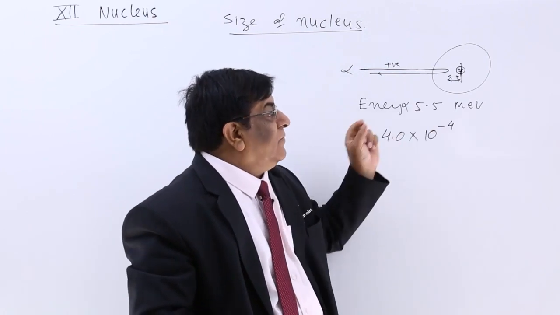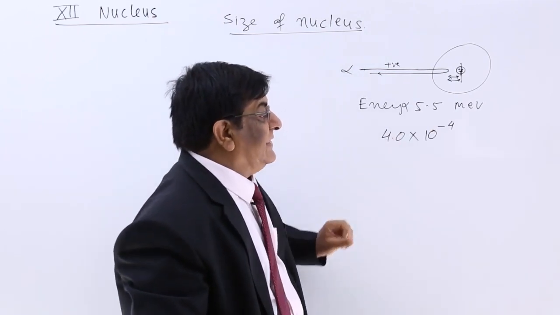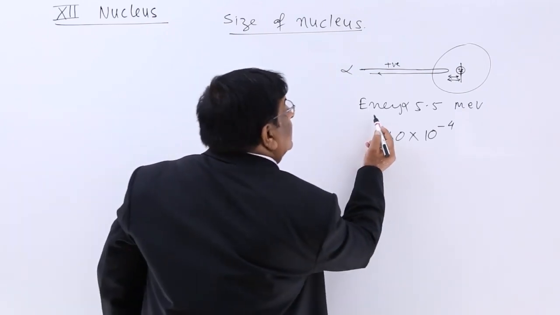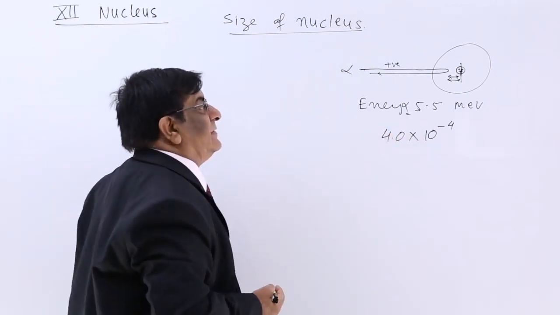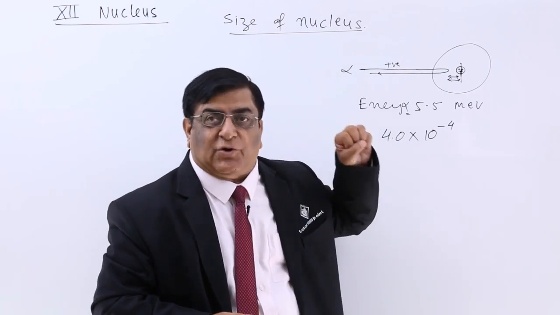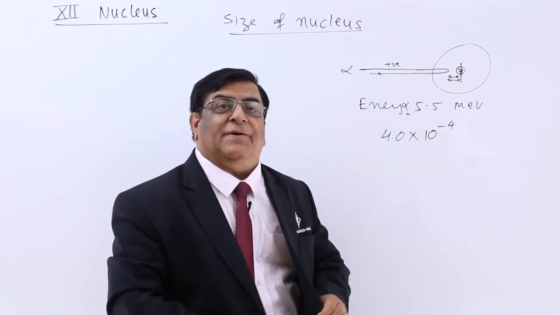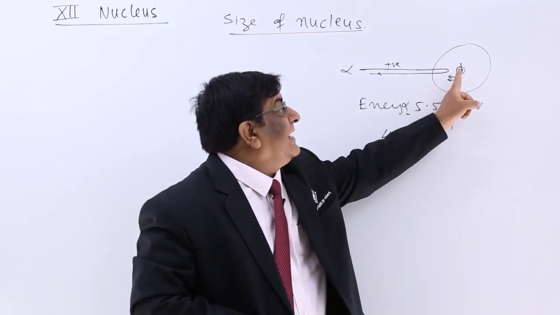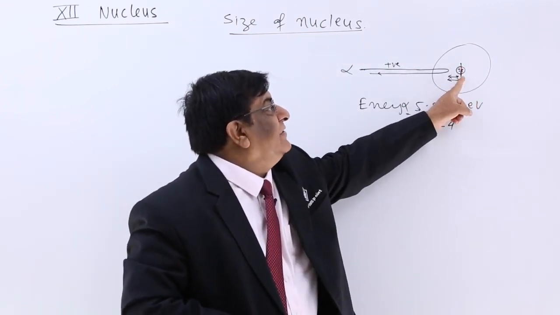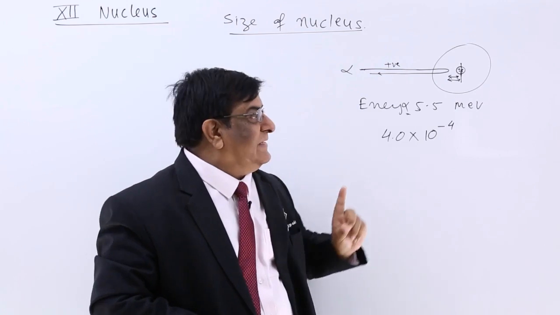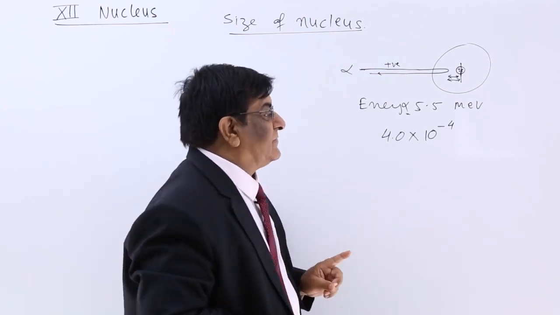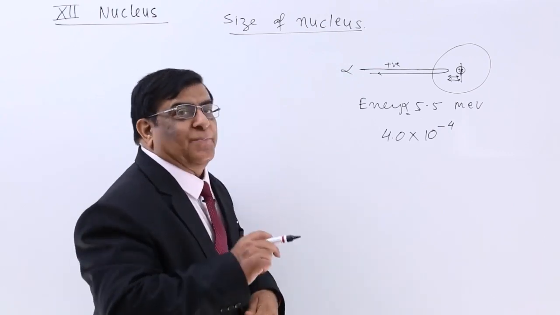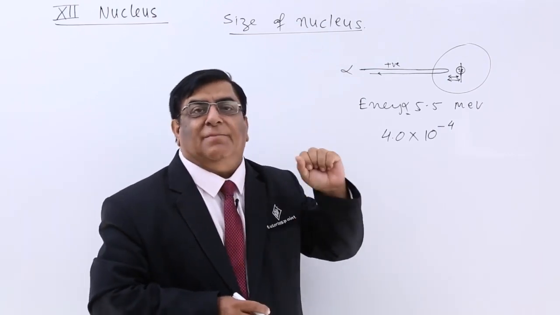Now, when we actually did it, some other types of particles were sent, then electrons were sent, and by different other methods we were able to find out the exact size of the nucleus. This exact size is found to be very, very small, but it depends upon the atomic mass number.